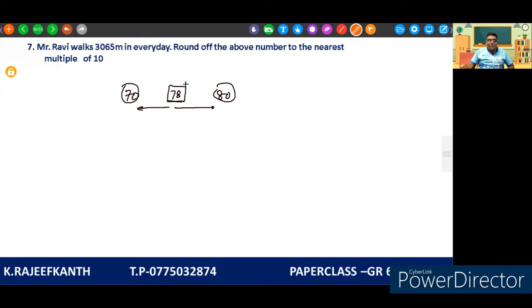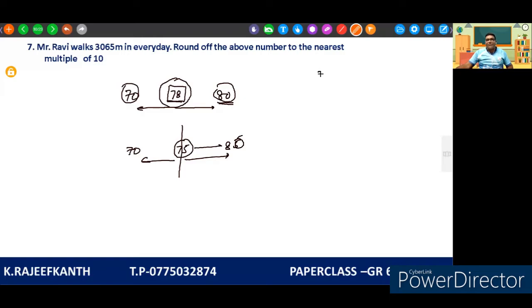So if you round off this 78 to the nearest multiple of 10, we write 80. If it is 75, it is exactly between 70 and 80. The difference between these two is the same. But if it is 75, then we write it as 80 when rounding to the nearest multiple of 10.